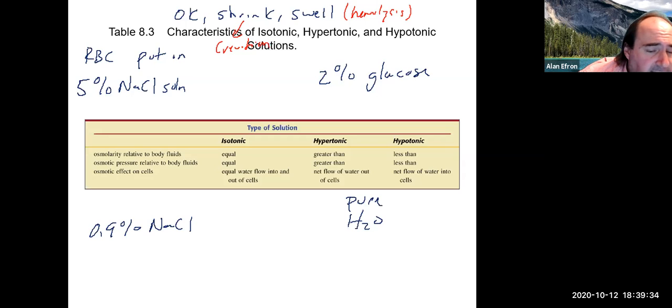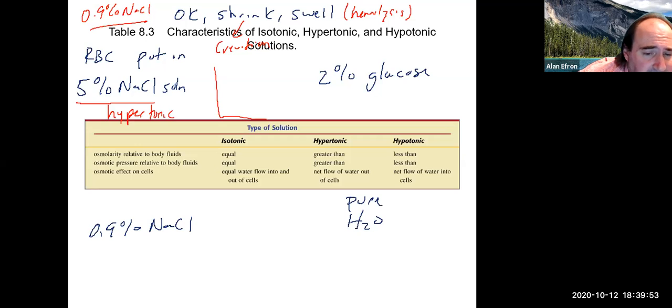So let's take a look at the first one. The first one is 5% sodium chloride. Remember that 0.9% sodium chloride is isotonic. So really it's just a number. 5 is greater than 0.9, which means this is a hypertonic solution.